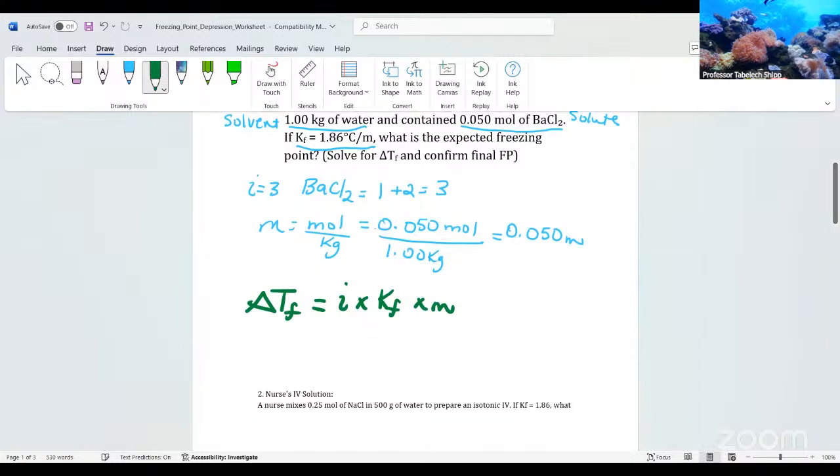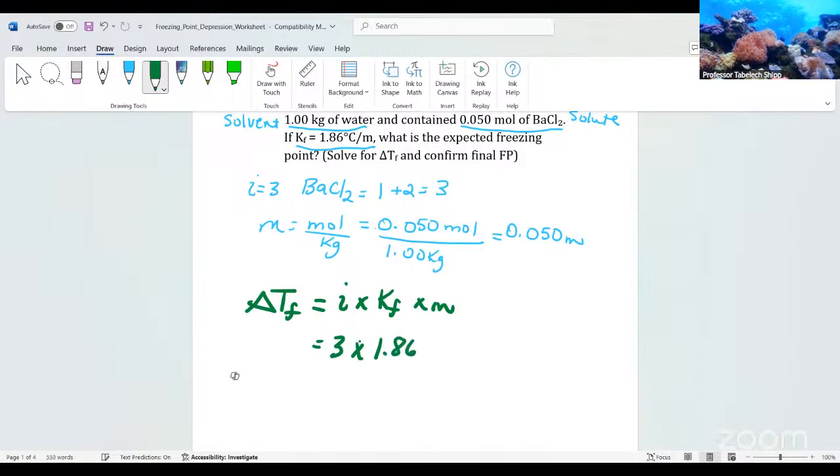Okay, so what I am going to do is plug those numbers in. My i here was 3. My K_f was 1.86 degrees Celsius per molality times the molality here, which was 0.050, that little funny shaped m.